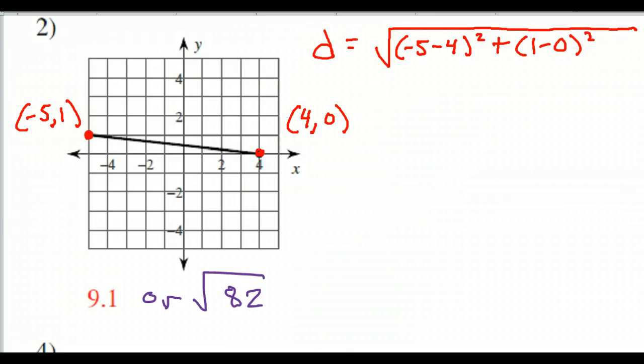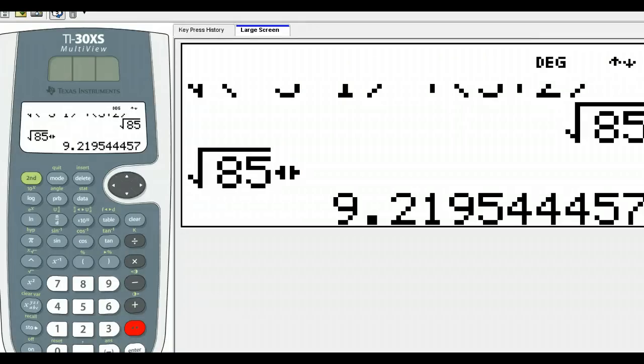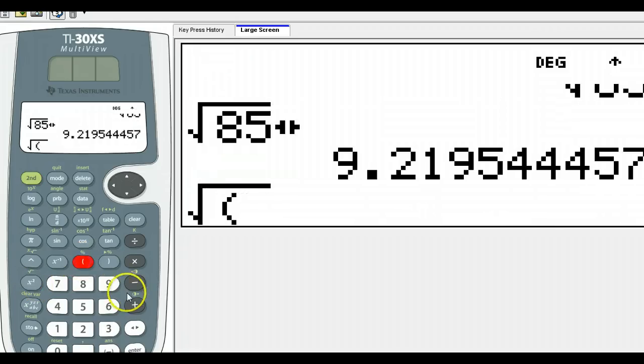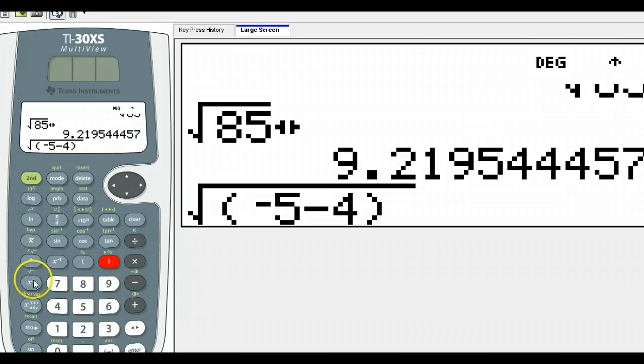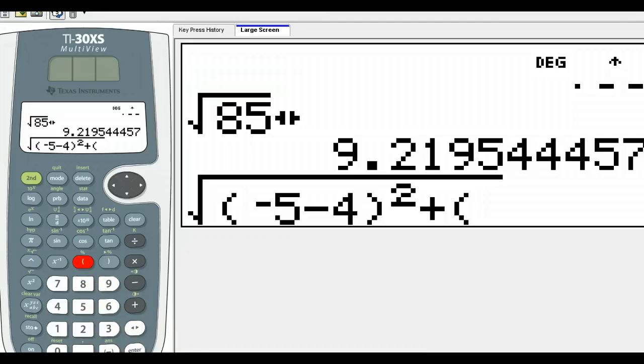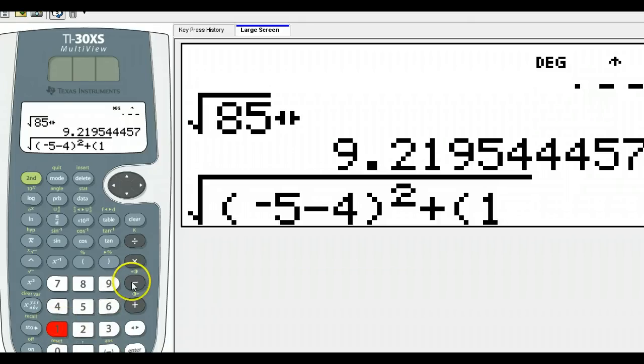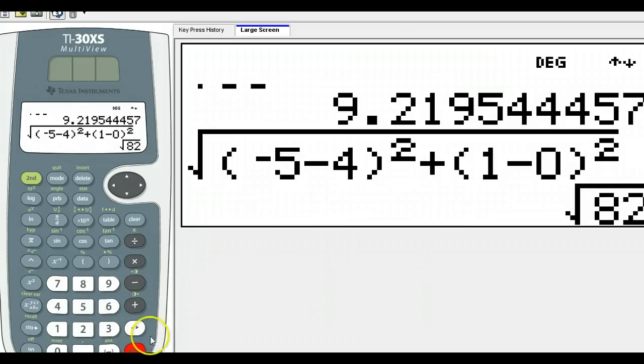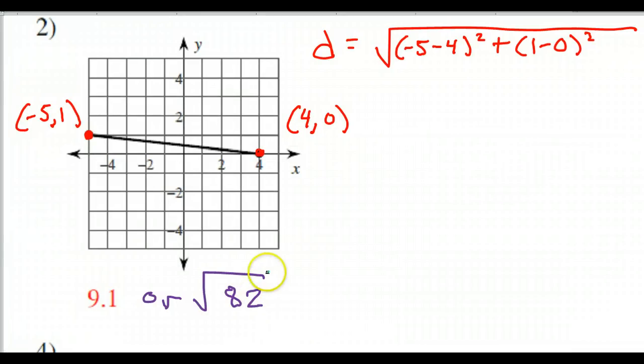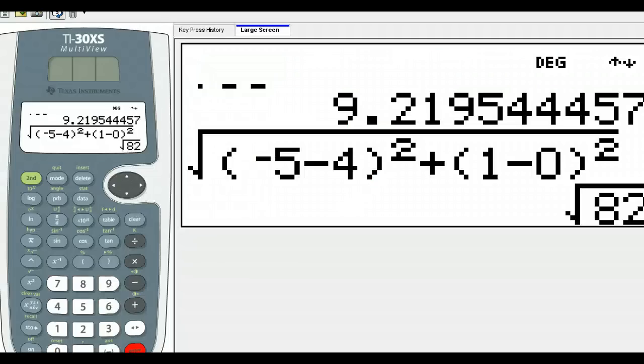So I'm just going to put that whole thing in my calculator. And that gives me the square root of 82, which is the same thing as 9.1.